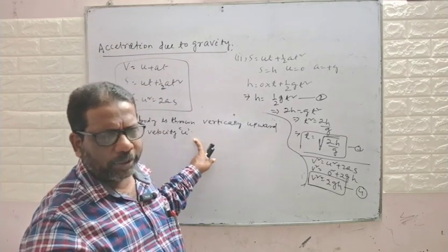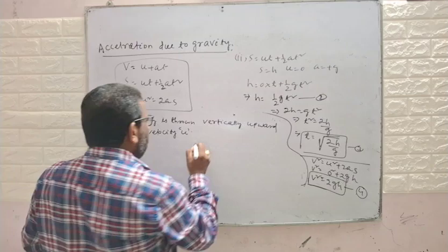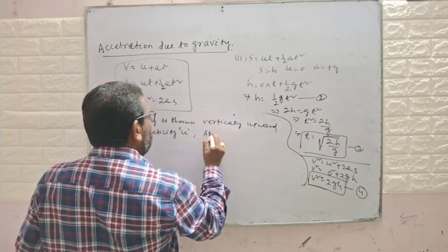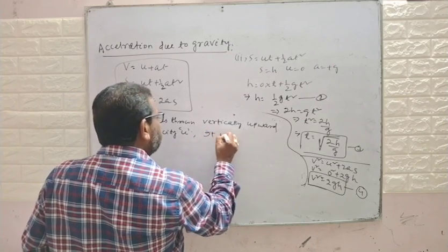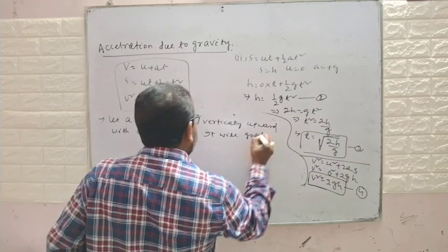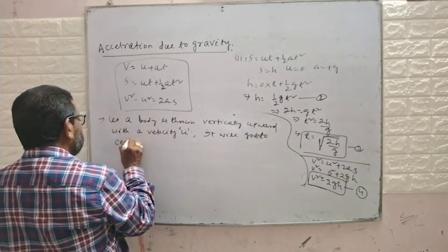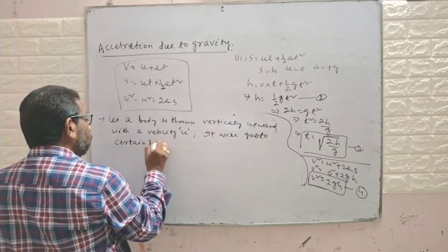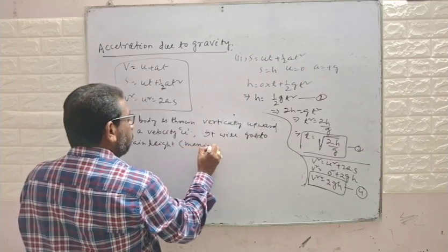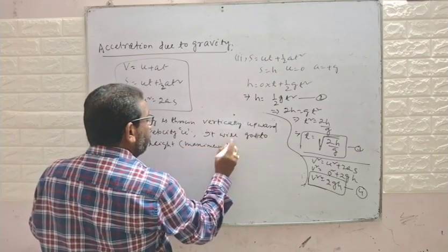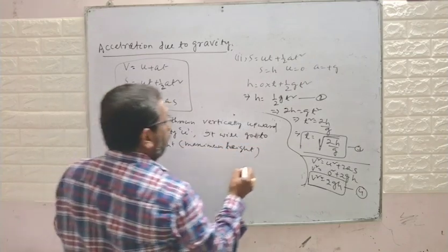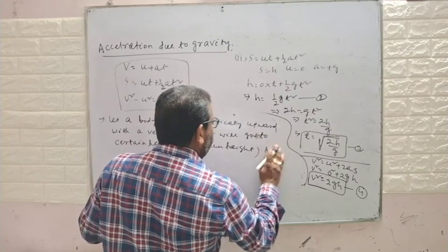Then it comes downward. That means it will go to a certain height, that is the maximum height.